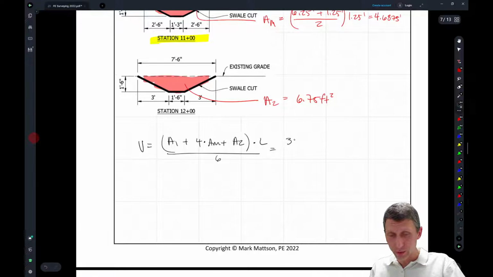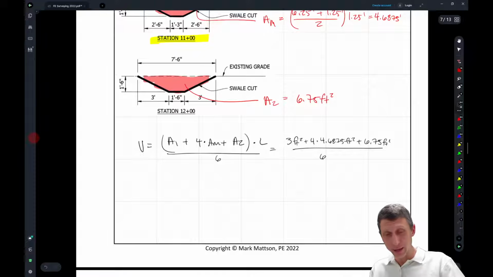What do we get? We get 3 square feet plus 4 times 4.6875 square feet, plus area 2, which is 6.75 square feet, divided by 6, right? And the 6 makes a little bit of sense if we think about it, because we've got 1 area 1, we've got 4 of the middles, and 1 of the area 2.